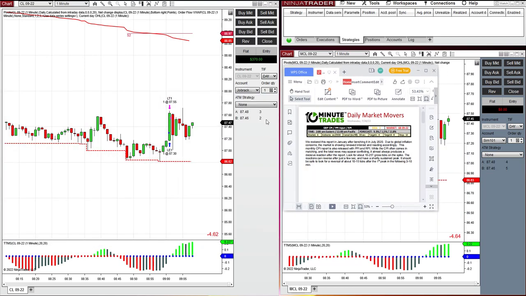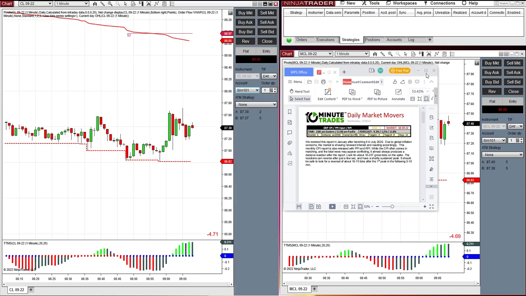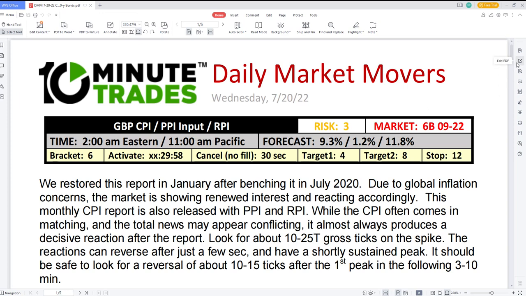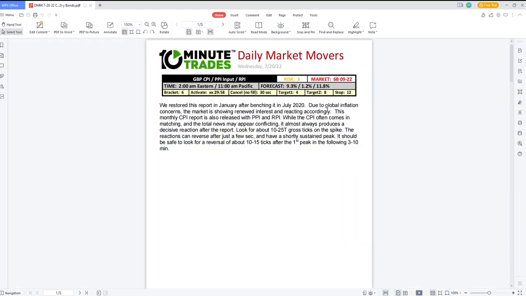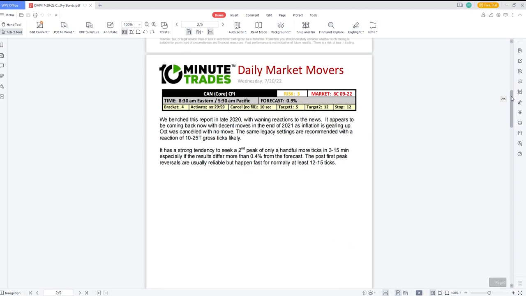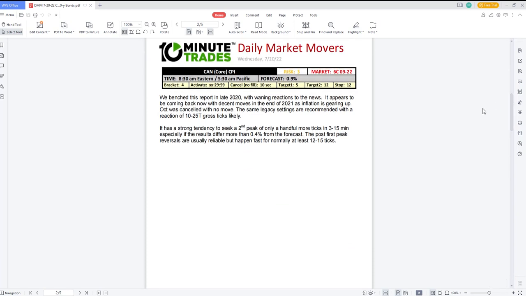Okay, I'm going to put my charts on sim so I don't accidentally enter myself into a trade. Okay, so this is going to be tomorrow's Canada Core CPI setup.